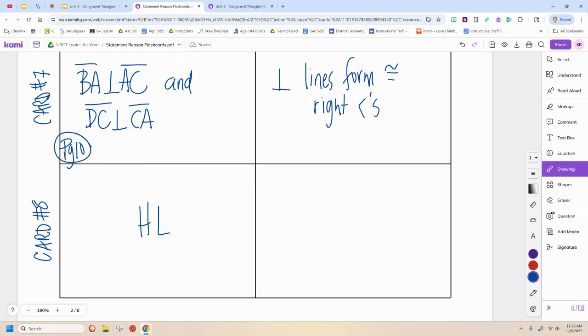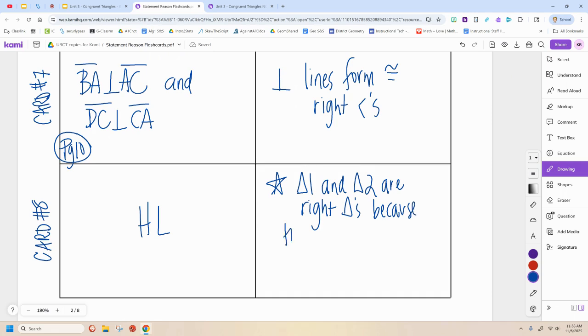The thing that kids forget to do is they forget that you need to say that triangle 1 and triangle 2 are right triangles, because they have right angles.